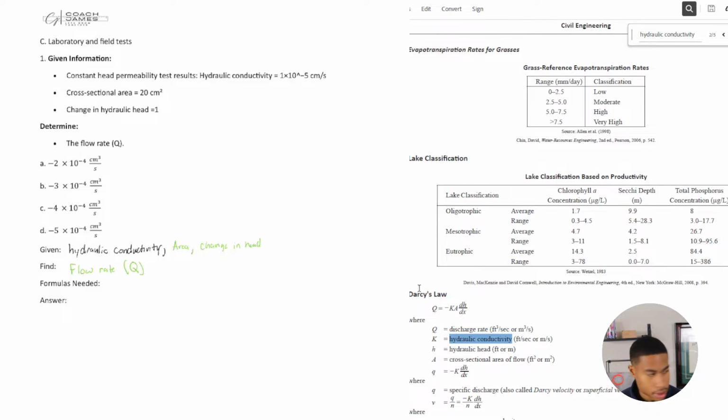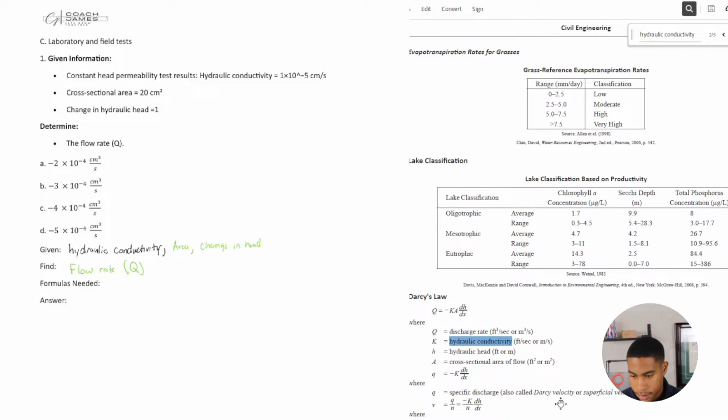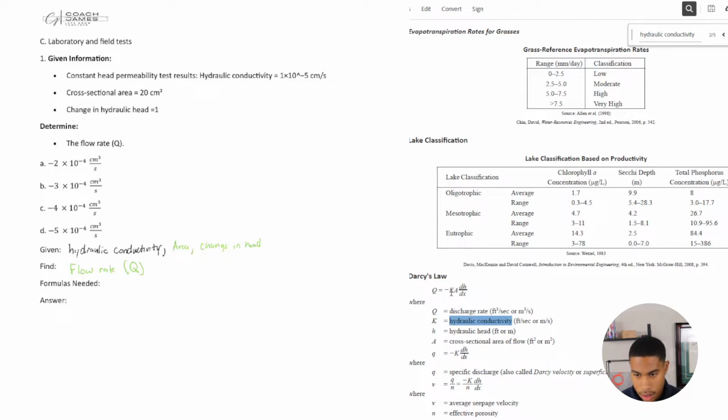For this one, Darcy's law, we have a negative K, which is the hydraulic conductivity, which we do have. Okay. What about A? The cross-sectional area of flow. We have that. And then, so Q is equal to negative K. So Q is my flow that I'm searching for.